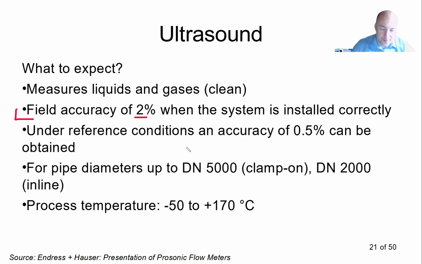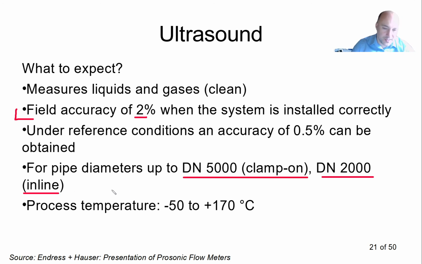But it is suitable for the chemical industry, where you have some corrosive liquids, for example, and you don't need to interrupt the pipe. Now the manufacturers give us the diameters of the pipes. So typically the clamp-on system might be used for diameters up to around 5 meters, and the inline system up to about 2 meters.